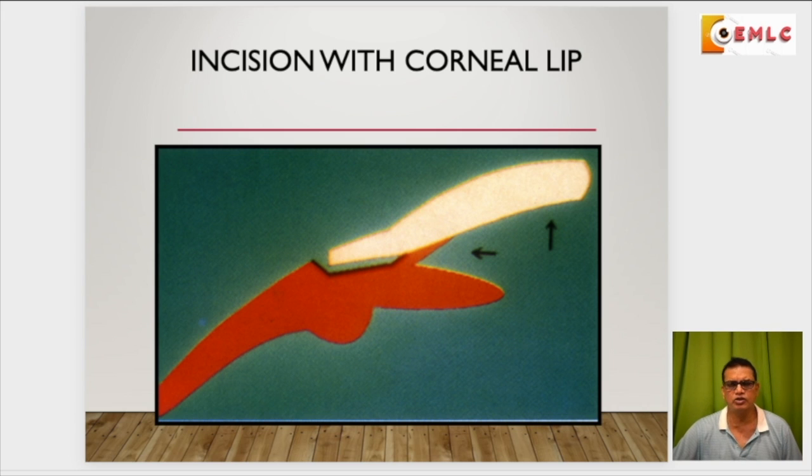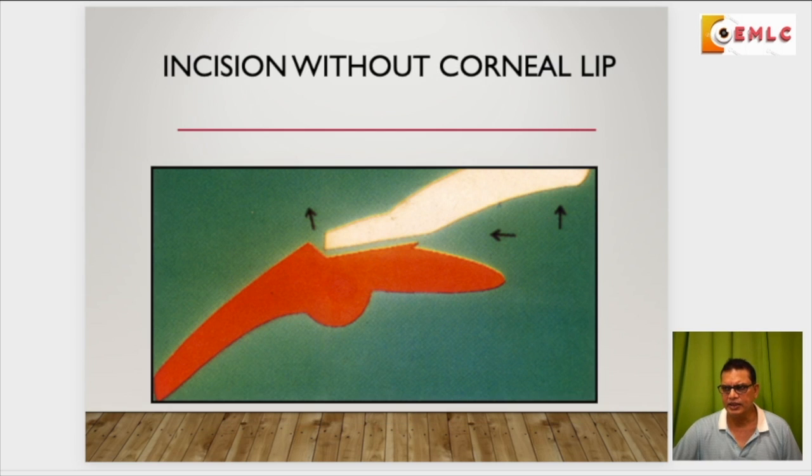If this lip is not there, then the wound will not close in the post-operative period, and you will have leak, and the fluid will come through it, and the wound will always leak in the post-operative period. So that's not an ideal incision. An ideal incision is an incision which has a corneal lip which acts as a valve.